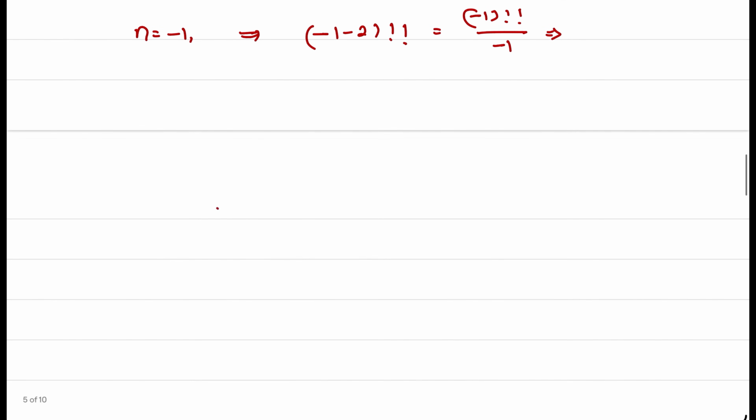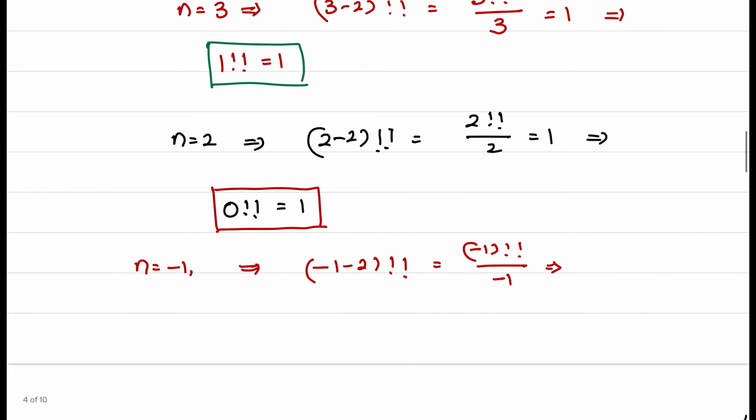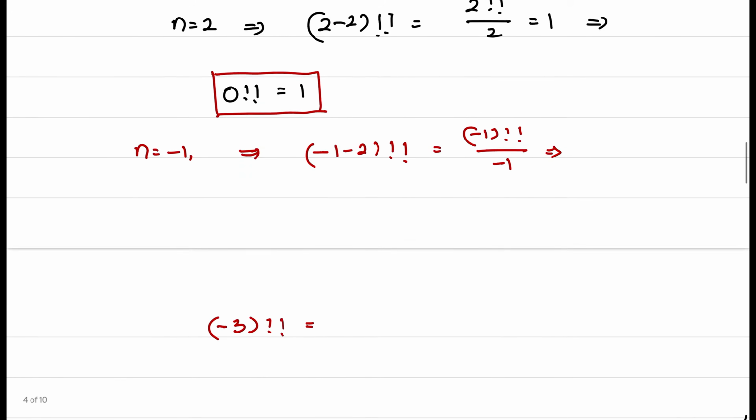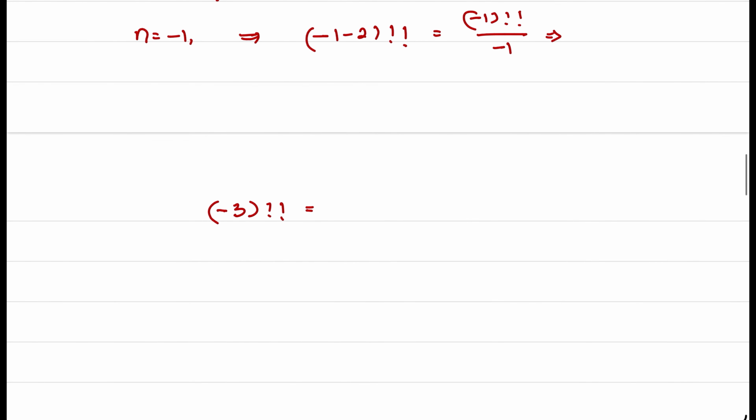That implies minus 3 double factorial is equal to minus 1 double factorial, which is 1, that we know, divided by minus 1, that is equal to minus 1.